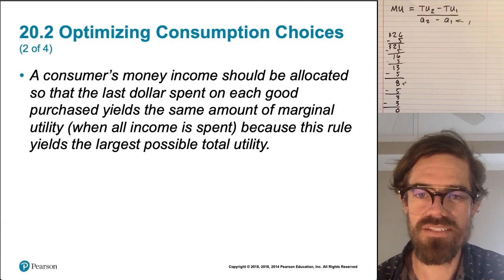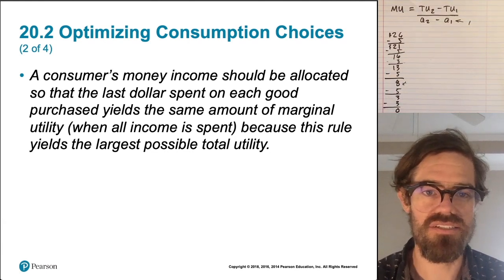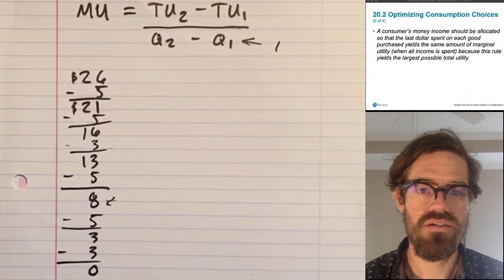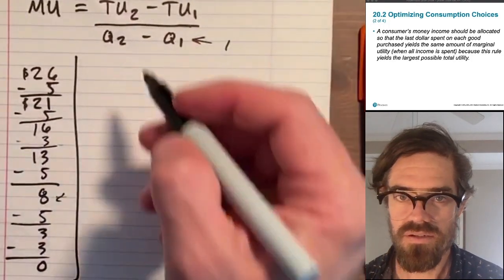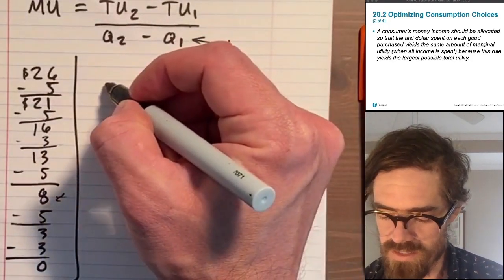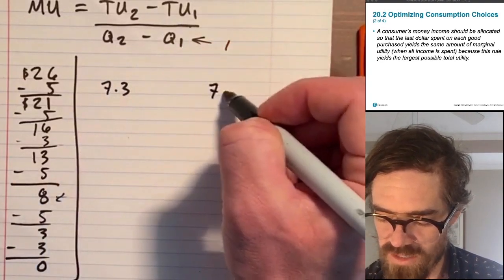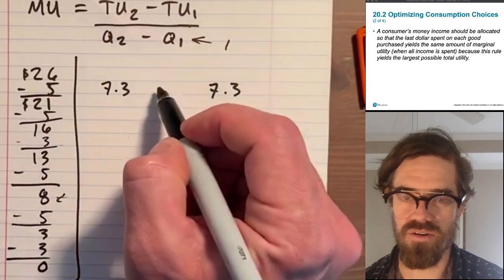So let's think about what that means. We saw in that last example that the marginal utility per dollar on the apps was 7.3, and so was the marginal utility per dollar spent on portable power banks.